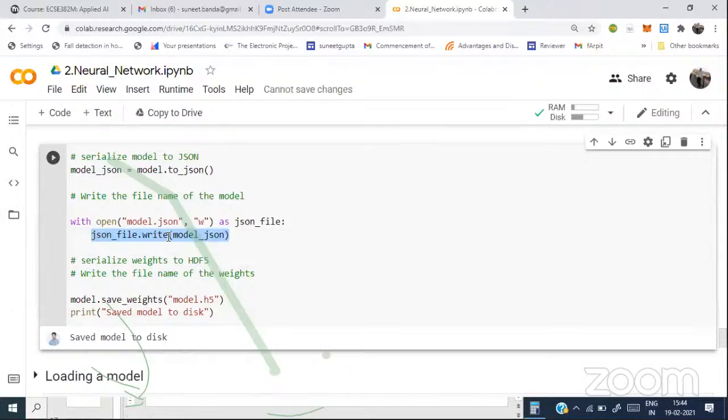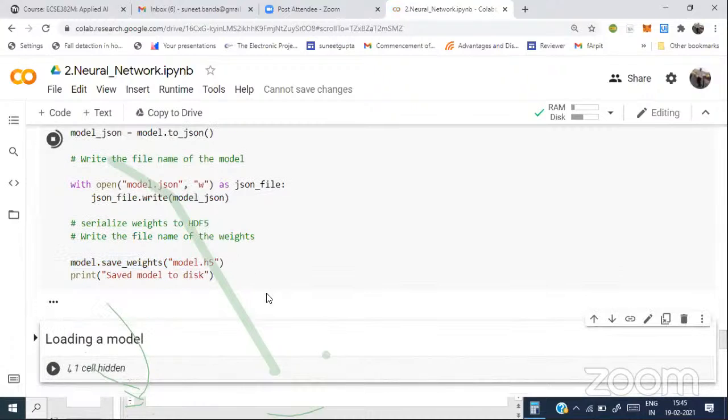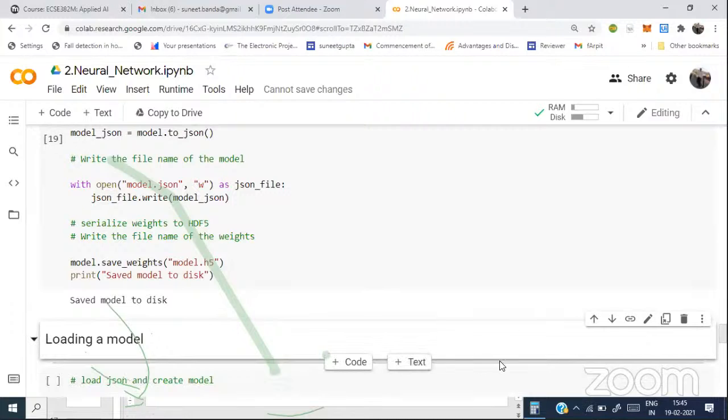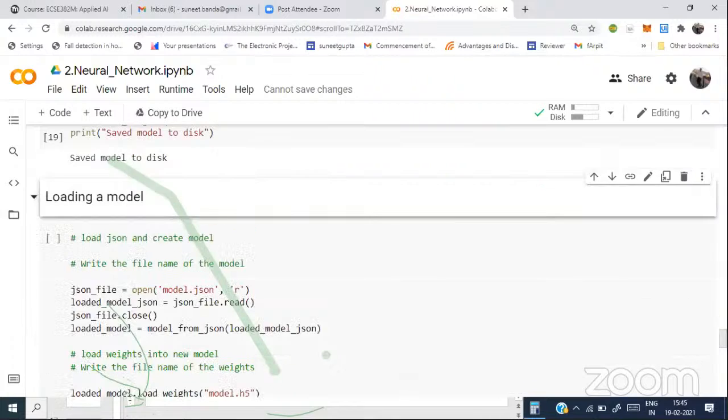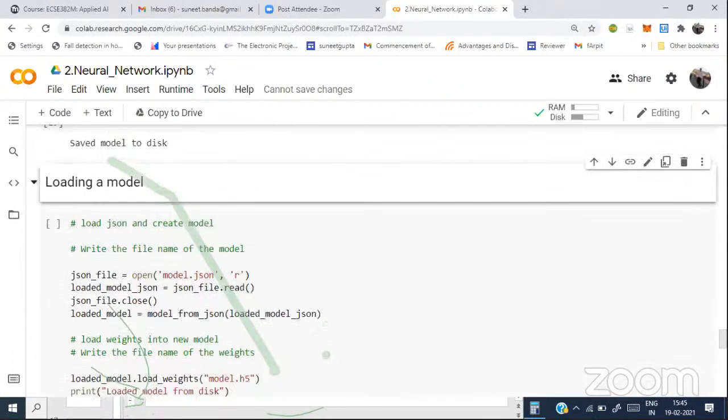And the next one is that you have to save the weights, and weights are saved in the model.h5 file. So now you have saved the model and you have saved the weights.